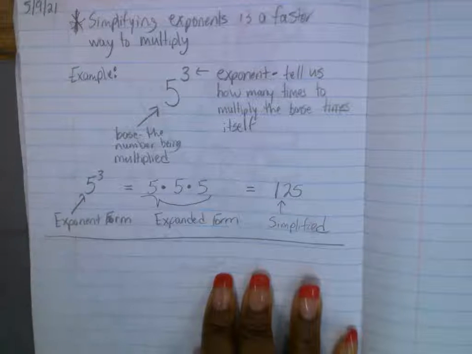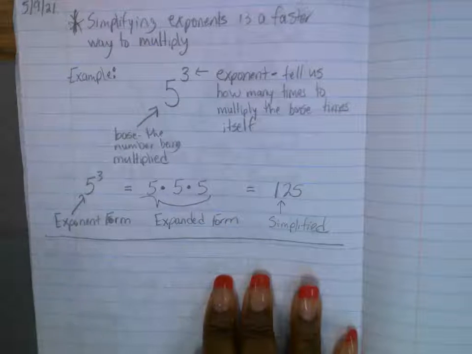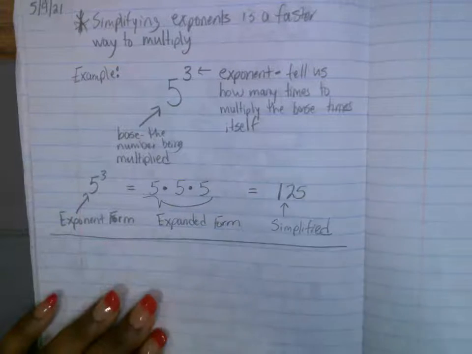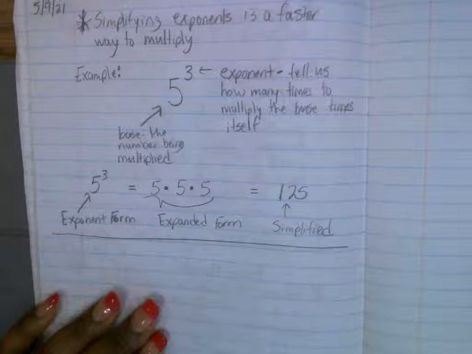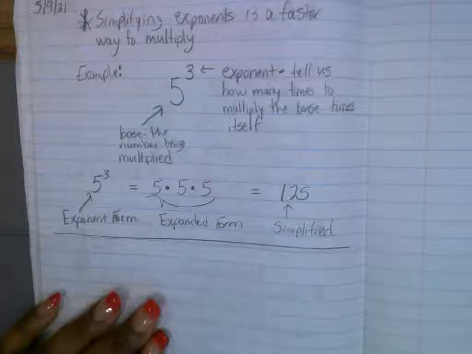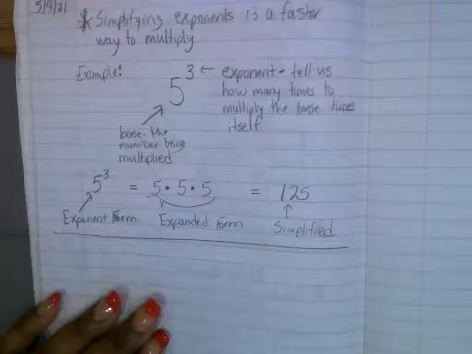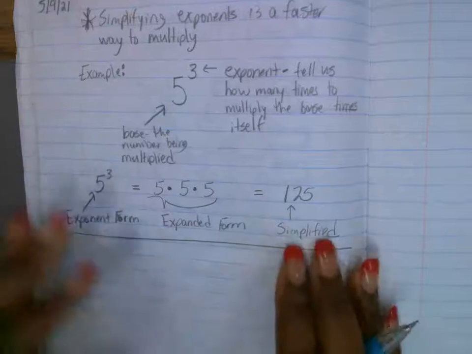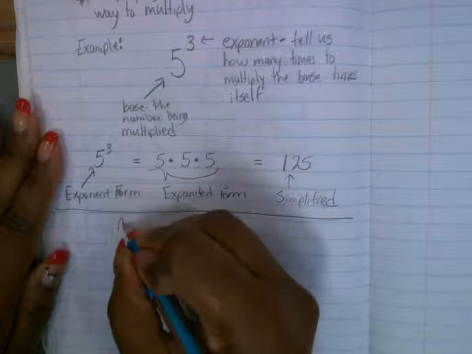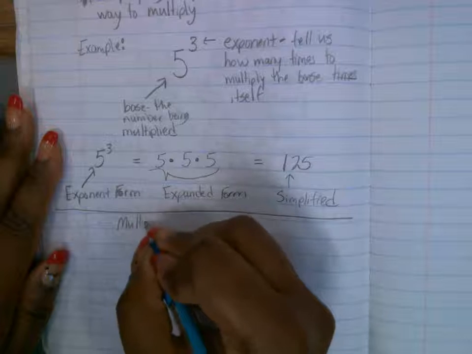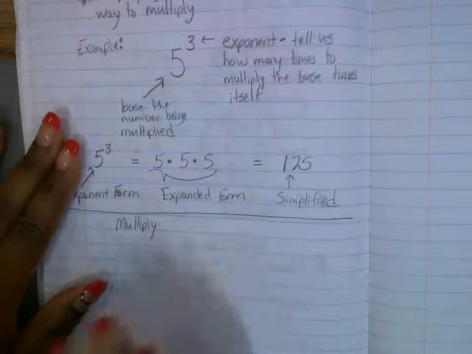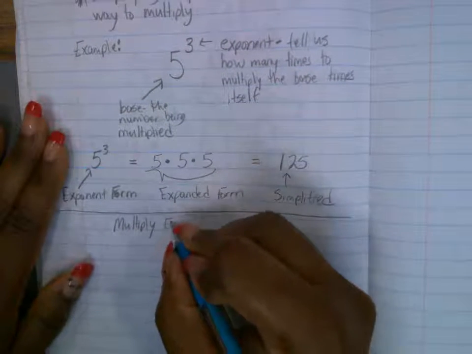Now we're going to go into rules or laws of exponents. We are going to multiply exponents with like bases.